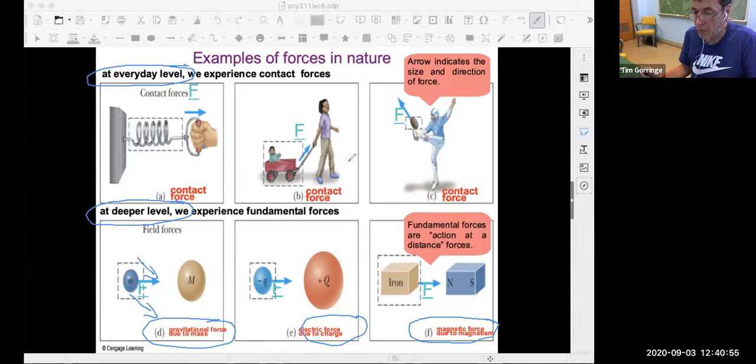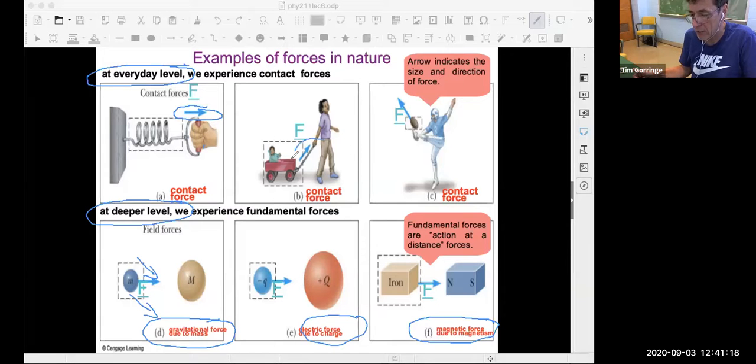But it's important that if you look at all these forces in each of these six pictures, I'm picturing the force as an arrow, meaning I'm picturing the force as a quantity that has both size and direction. The arrow length describes the strength of the force, the direction of the arrow, the direction of the force.